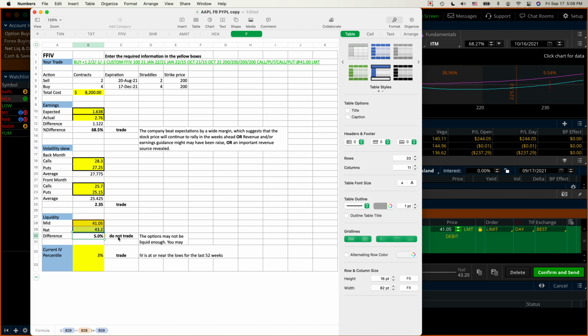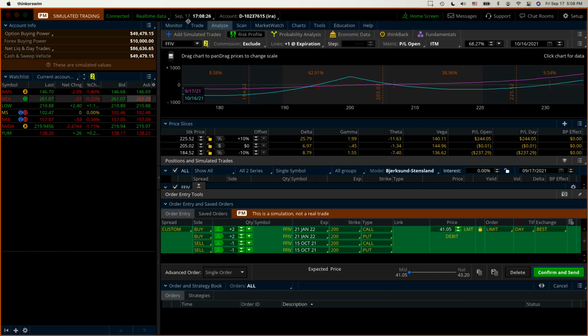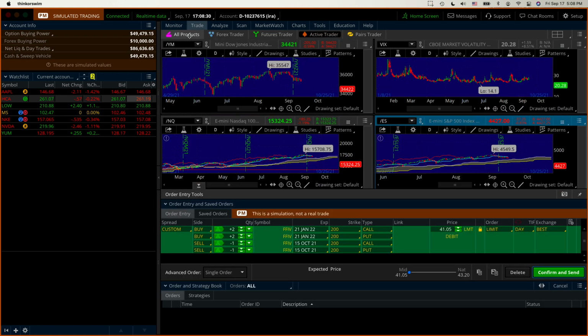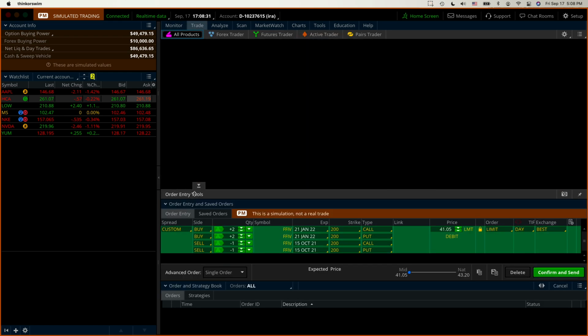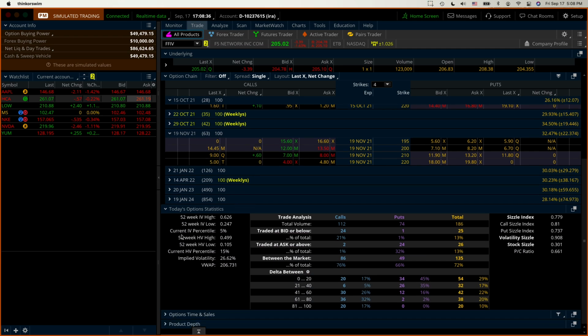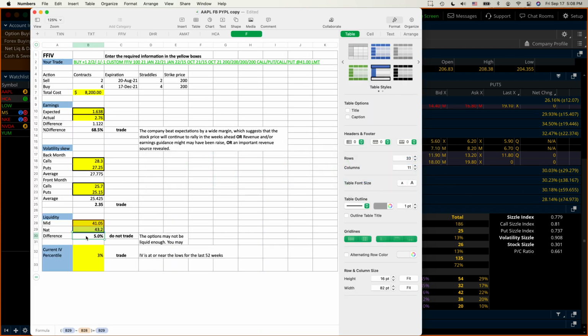I overlook this do not trade message here, and let's look at the current IV percentile simply by going to the trade tab, all products, and then we have the FFIV here, and the current IV percentile under today's option statistics is 5%. Okay, 5% here, and of course that's tradable, very tradable.